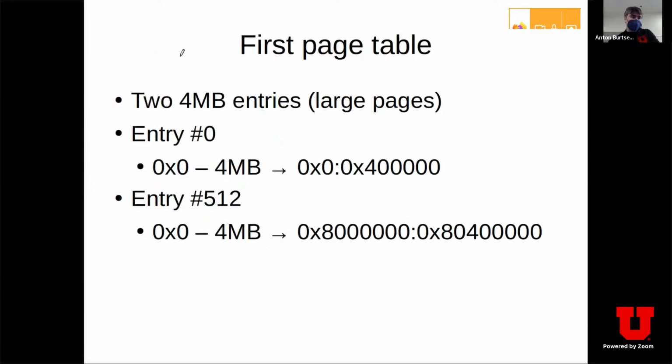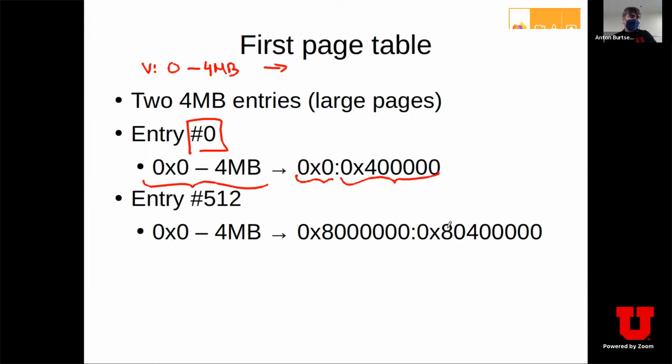We'll define 2 entries in this page table. One entry, entry 0, will map virtual addresses from 0 to 4 megabytes to physical addresses from 0 to 4 megabytes.